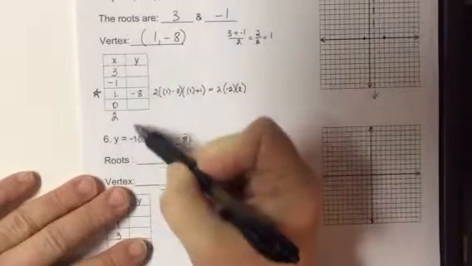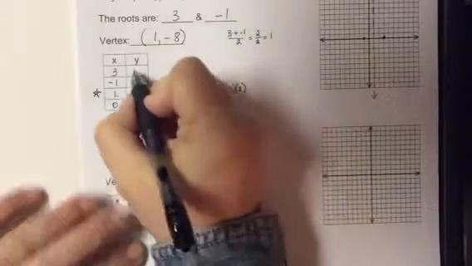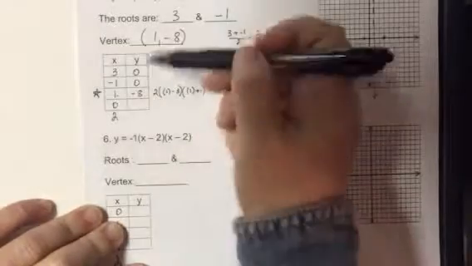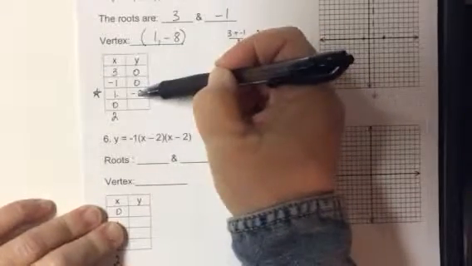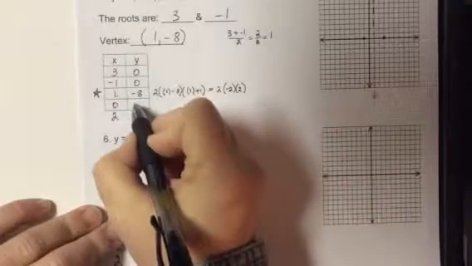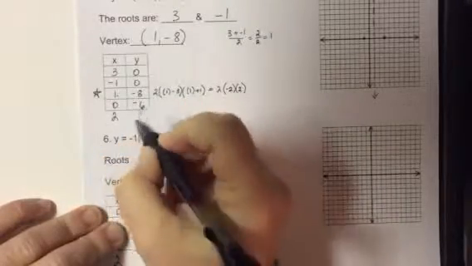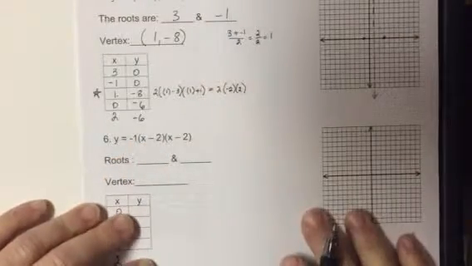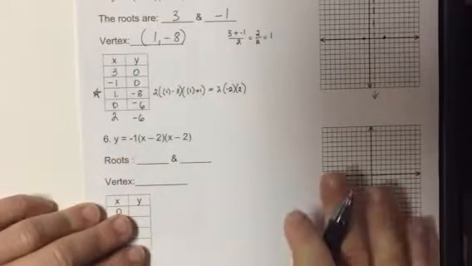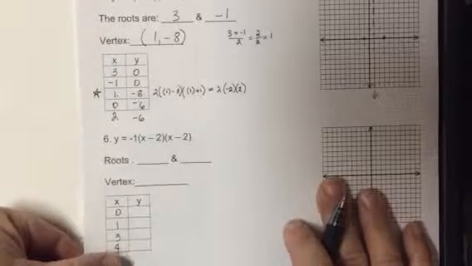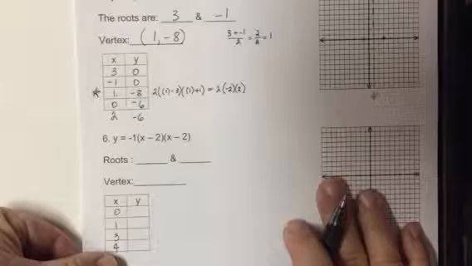But of course, you can get this whole list of points. Here we would have 0 and 0 because those are in fact the roots. So right here we have 3 very important points for our graph. And then 0, -6, and 2, -6 will also be points on our graph. So you could pause the video right now and take time to correctly graph and neatly graph your points from the table.